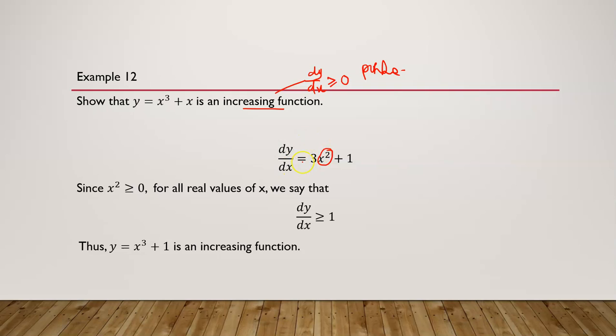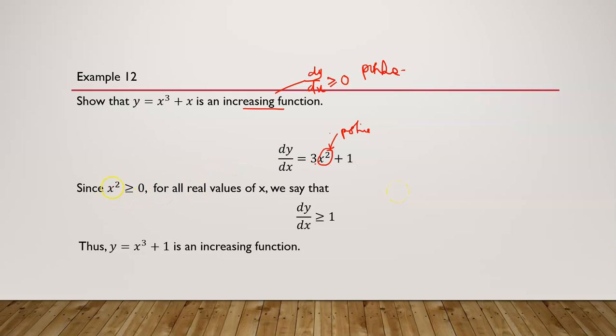So in this case, when you find dy over dx, you get this. From here, this is a square, and a square is always positive. Regardless of whether you substitute a positive or negative value as x, you get a positive. A positive number multiplied by 3 is always positive, plus 1 is still positive.